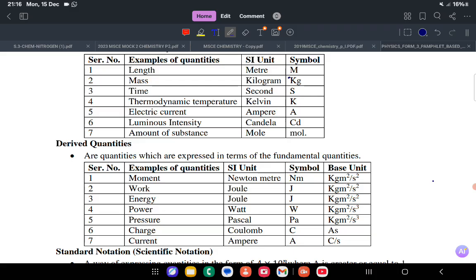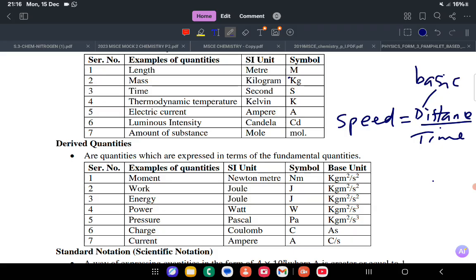Yeah, so for example, I'll give you an example. Speed. Let's suppose you are looking at the speed of an athlete, speed of one running. Speed is simply found by dividing distance by time. So look at this. Distance is a basic or fundamental quantity.